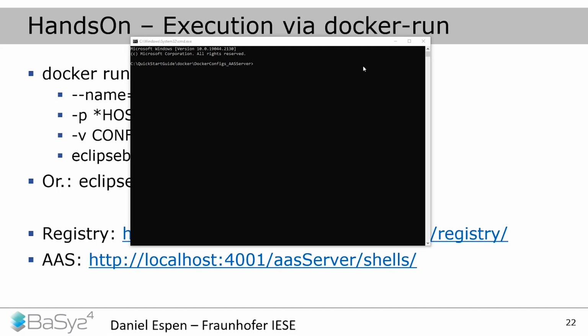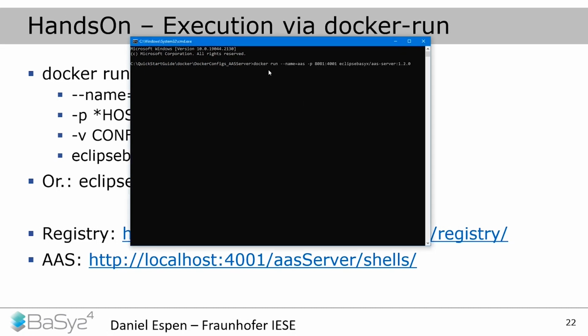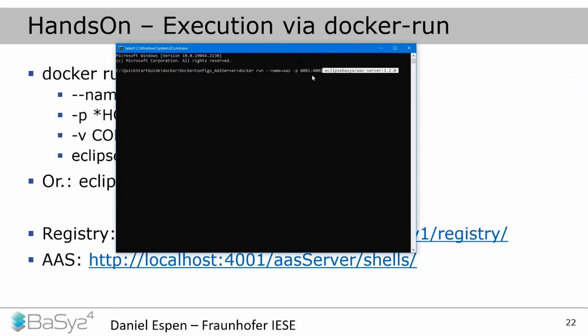Now basically all you do is run docker run and then include the image name. This will then run the off-the-shelf component in the Docker environment, and then you can also specify a name and a port mapping.